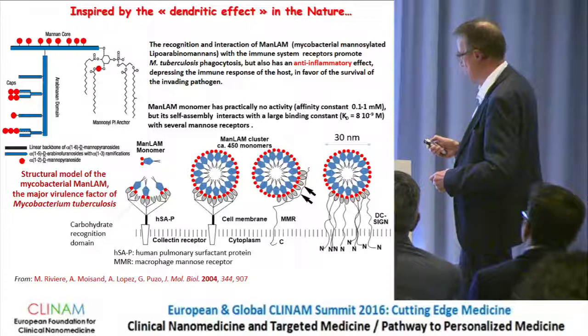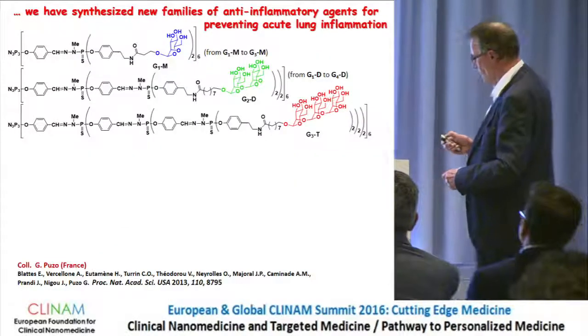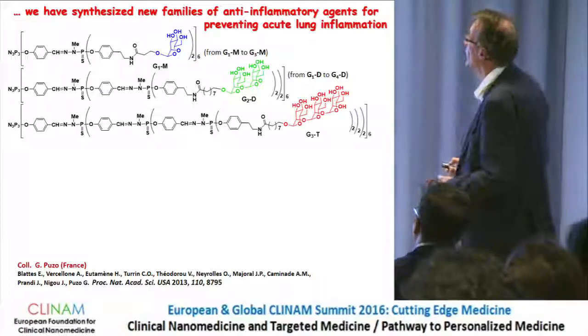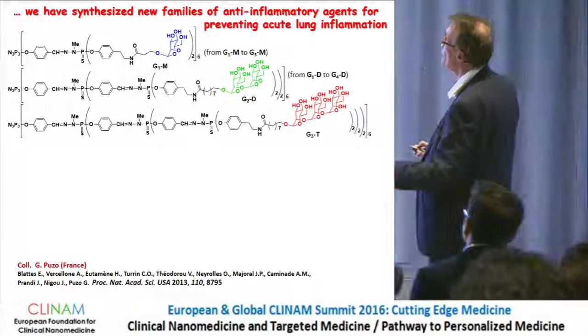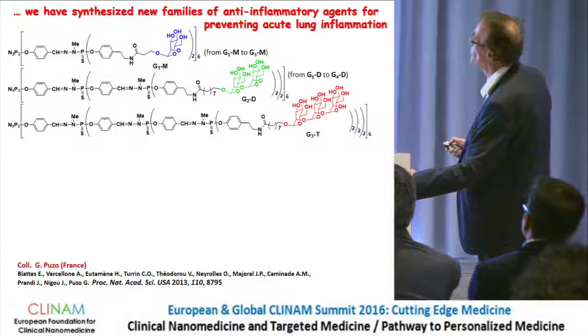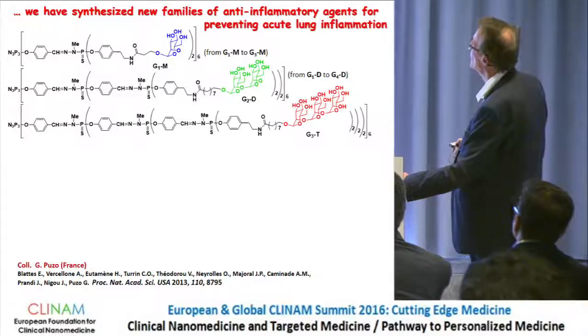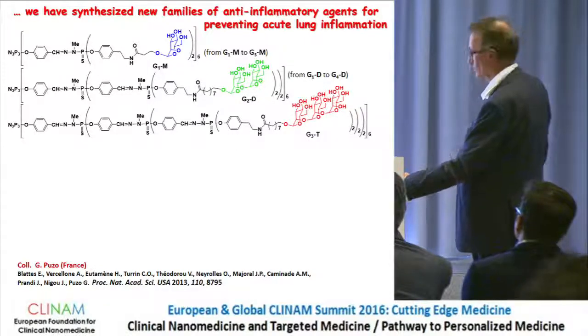For that, we prepared a variety of different types of dendrimers. So for example, we have here a generation 1 dendrimer with 12 mannose, here a generation 2 dendrimer with 24 mannose, and here a generation 3 dendrimer with 48 mannose.